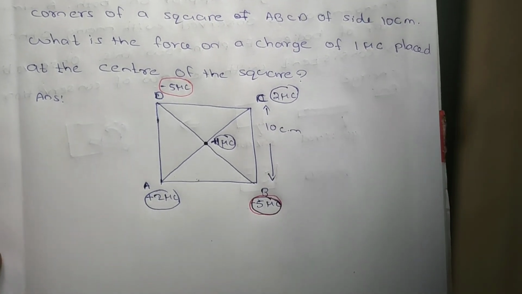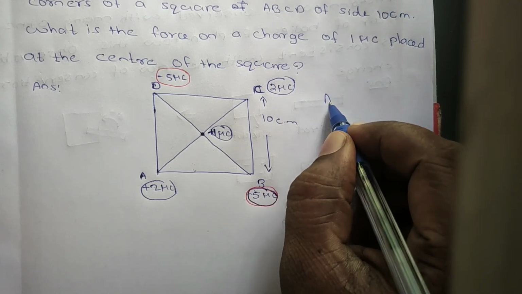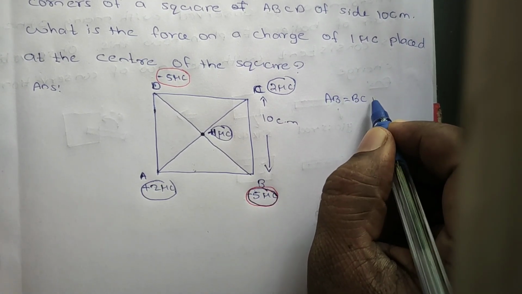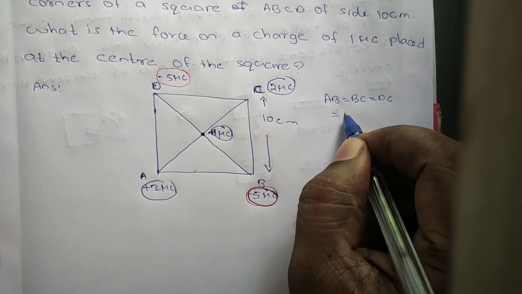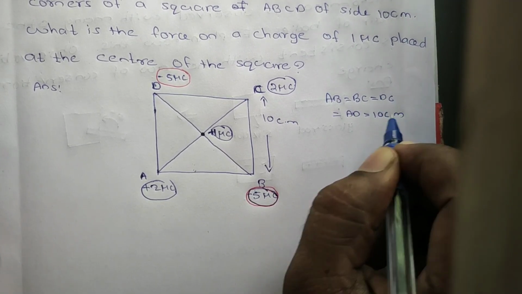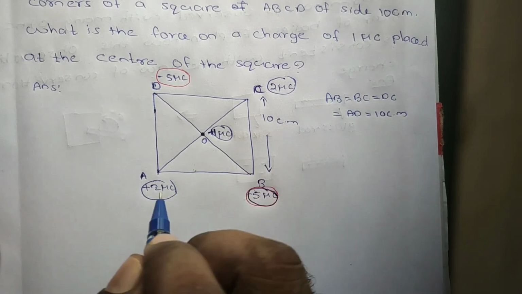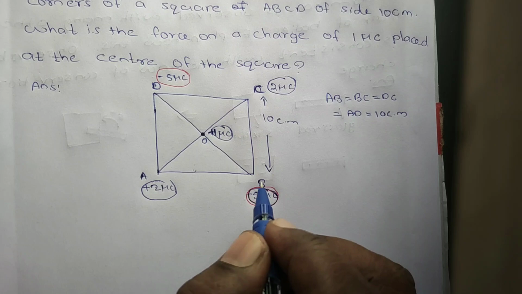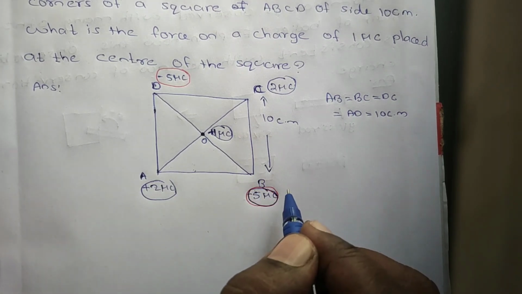So here, what is the given data? AB is equal to BC equal to DC equal to AD equal to 10 centimeter. If I consider the intersecting point as O, we know a property that for a square, the diagonals bisect each other.